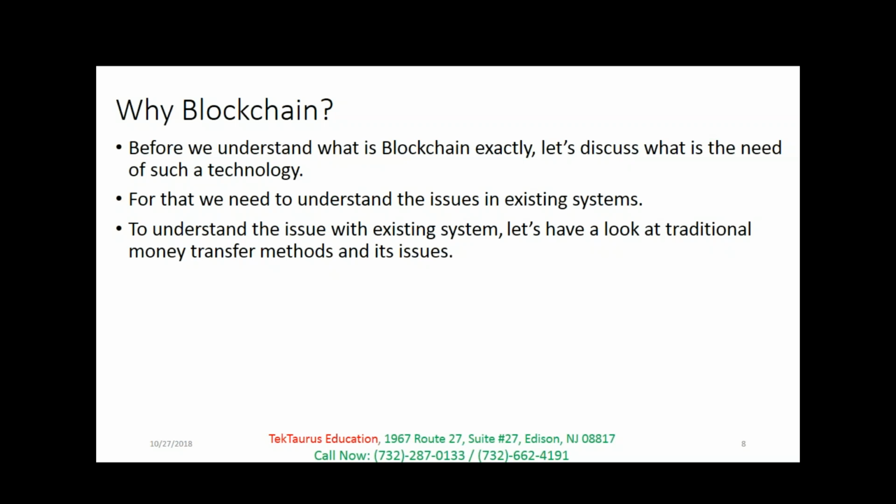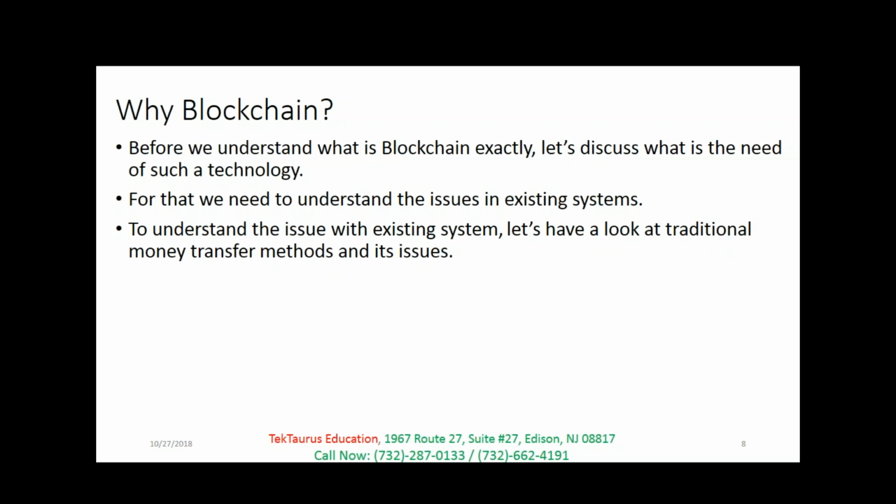Somebody saw that there is a problem in the central system. There is a big problem, which we will discuss in the next slides, and due to those problems, a person called Satoshi Nakamoto invented Bitcoin.